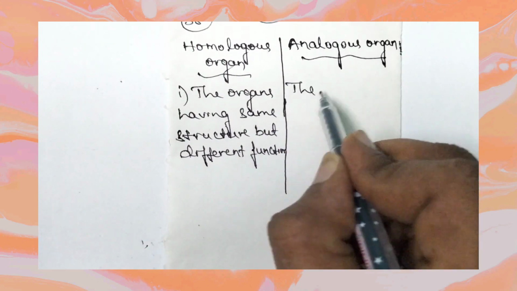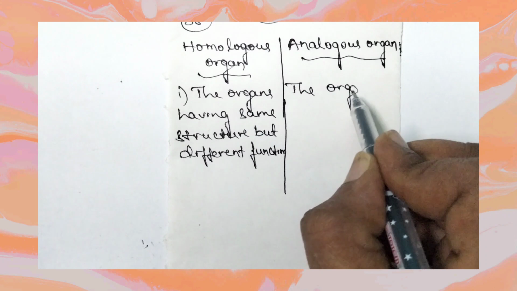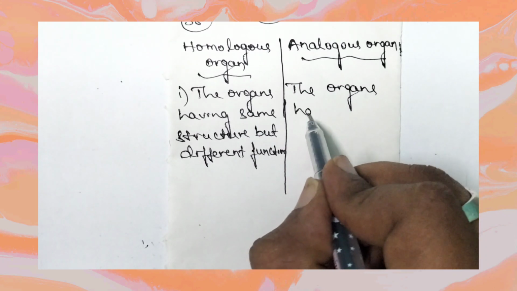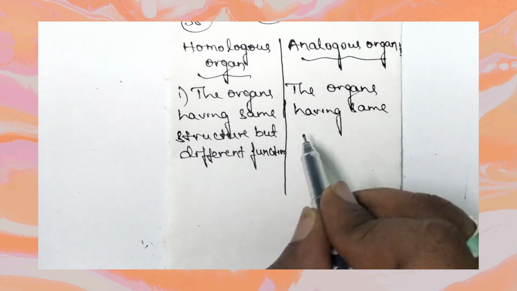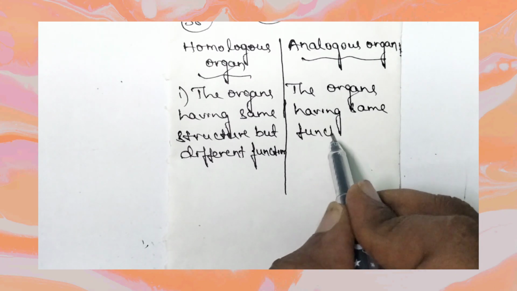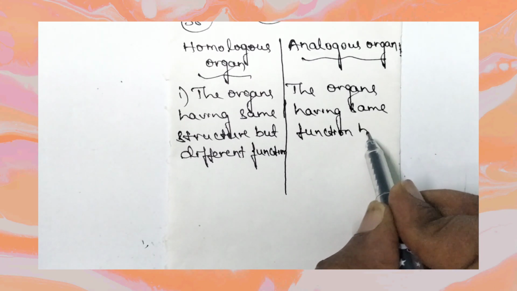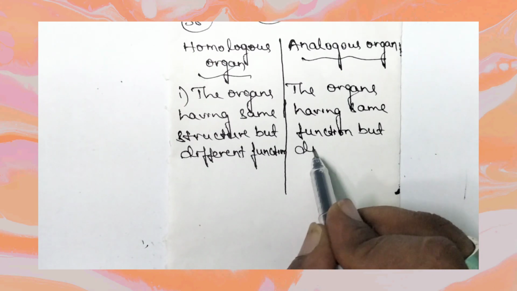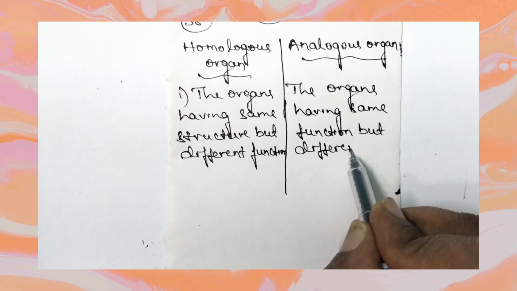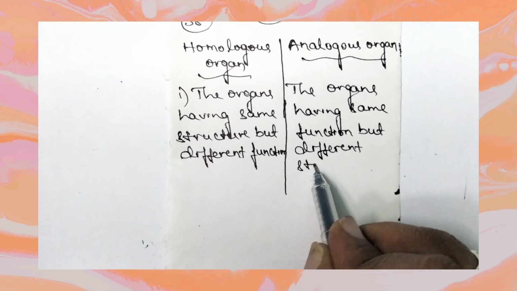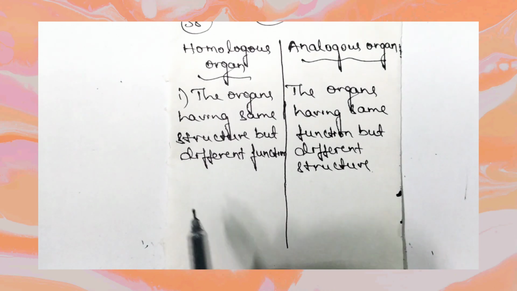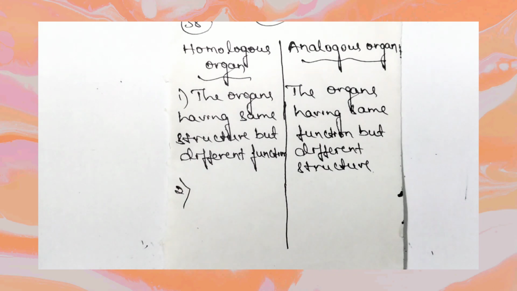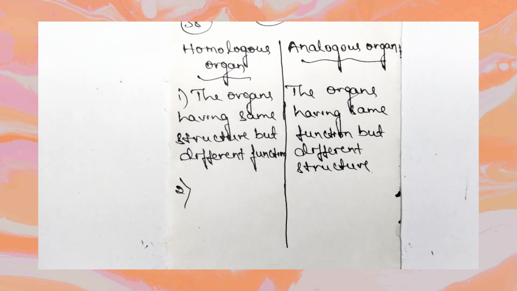Next, on this side analogous, the organs having same function but different structure. This is the first difference between homologous organ and analogous organ.